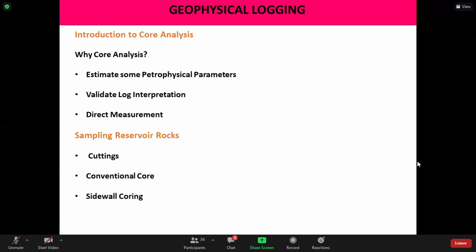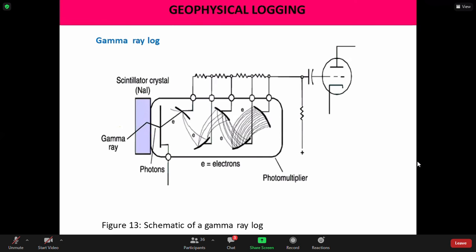Does it correspond? It's a direct measurement. When we carry out the conventional core, if we take the sample undisturbed, that can really give us better information to reduce ambiguity in our interpretation, okay?